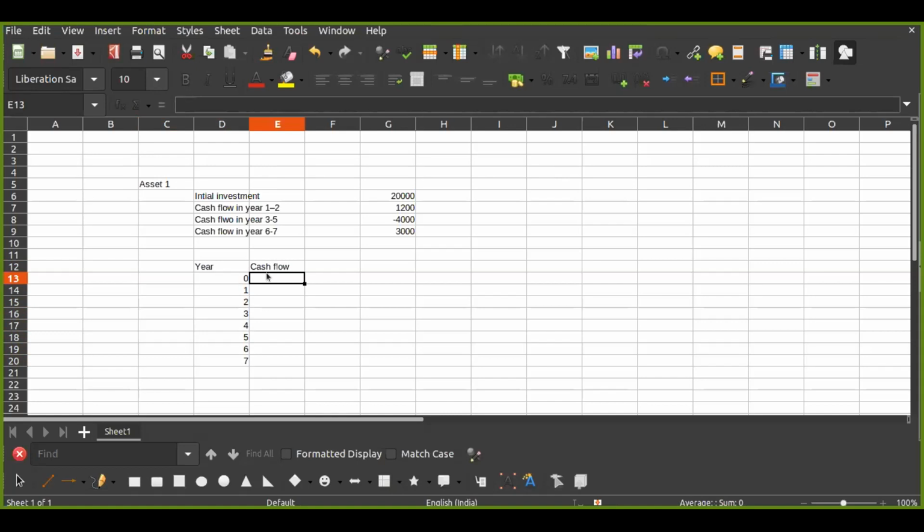The initial investment is 20,000, and this will be negative as it is a cash outflow. For year 1 it will be 1,200. Let's fix the dollar signs for both.